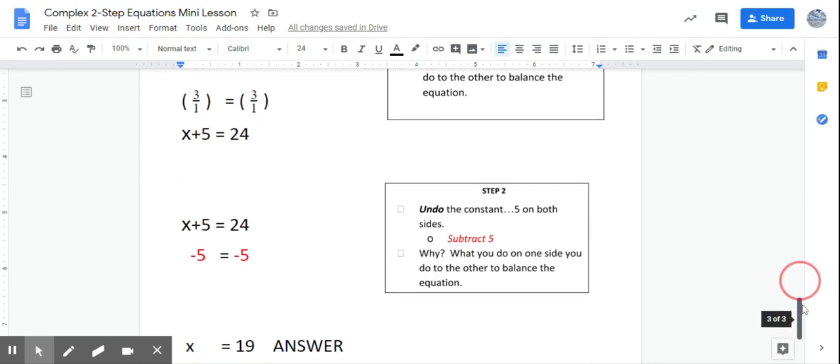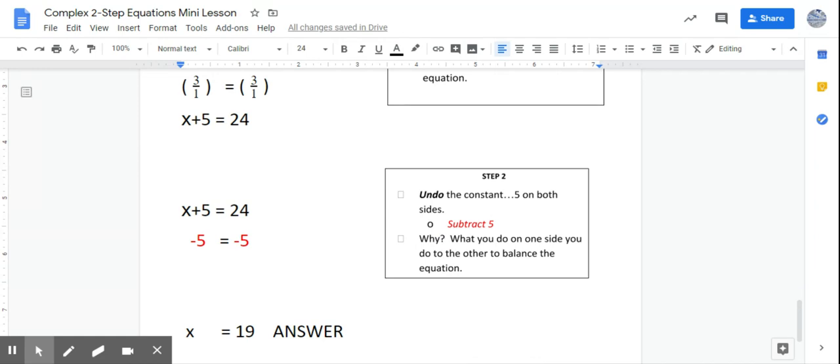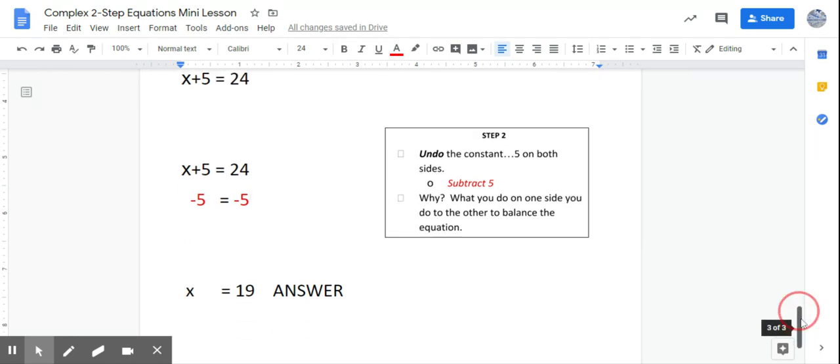Remember, what we do on one side of the equation, we do to the other. So we're left with x plus 5 equals 24. We know that the inverse operation of plus 5 is negative 5, and we're going to subtract 5 from both sides. We're left with x equals 19, right?